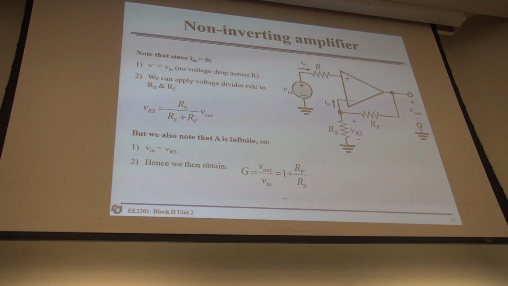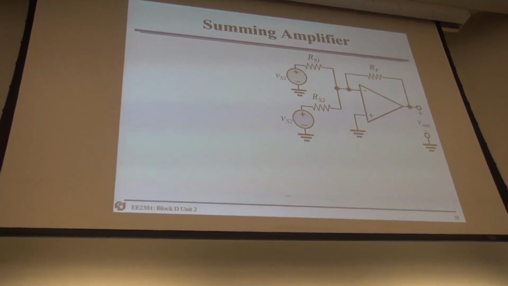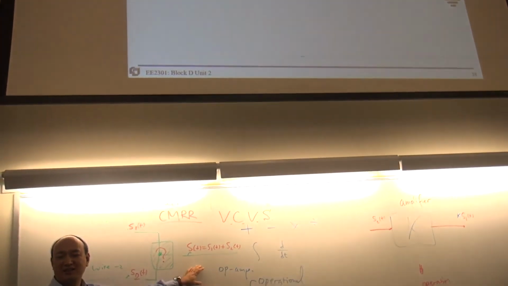All right. So after the next one, summation, we can get you to the weekend. Okay. So the summation amplifier. Let's return to this. Listen. You put this signal here and this signal here, and you want them to be added.